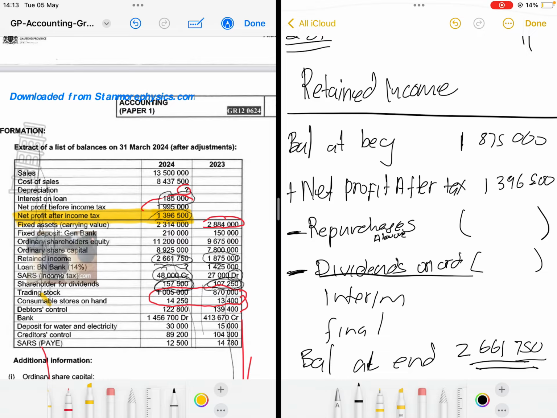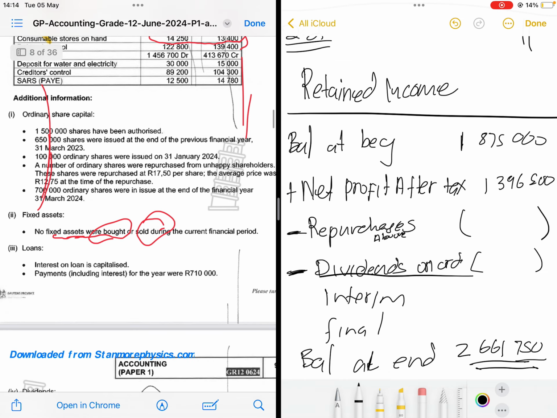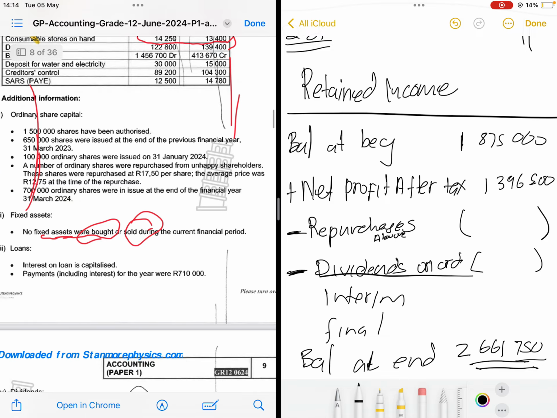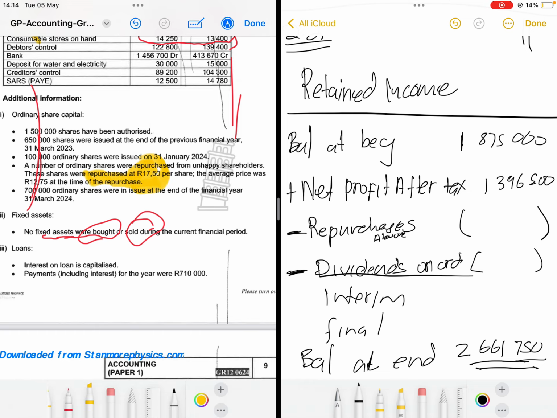Then for the repurchases all the time, I use the price above average. Now here, if you check, look at the repurchases. They say the shares repurchased from unhappy shareholders were repurchased at 17 rand 50 per share. The average price was 12.75.